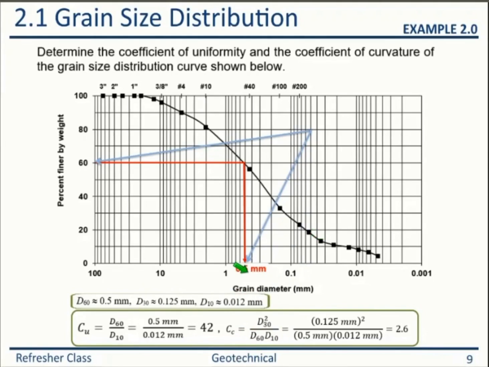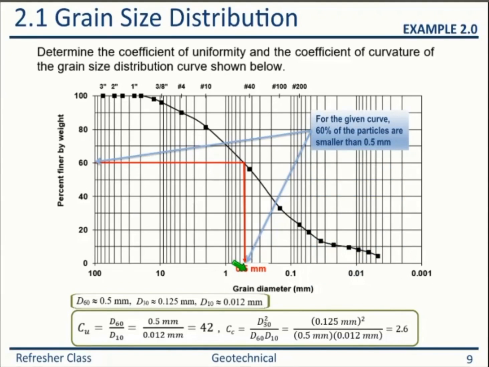So what it indicates is, for this soil, based upon this gradation curve, 60% of the particles are finer than 0.5 millimeters, and 40% are bigger than 0.5. That's the meaning of D60.